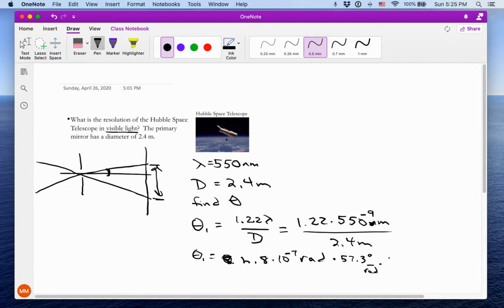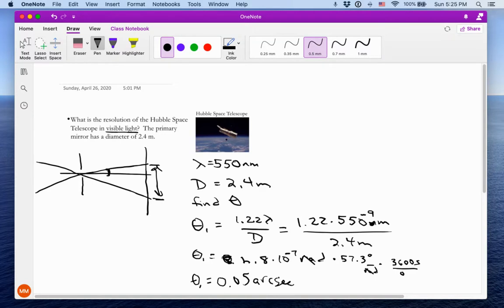I'm going to get degrees out, my radians are going to cancel. Then I can multiply by 3,600 seconds per degree, right? And when I plug that into my calculator, I get 0.05 arc seconds.